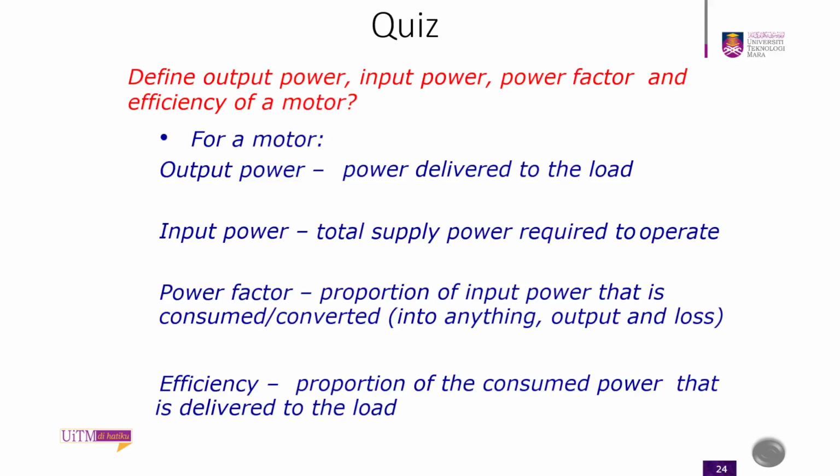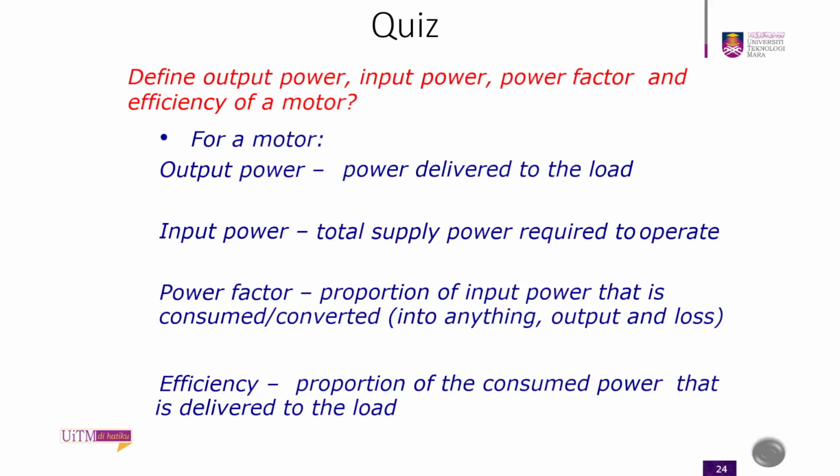Of course, in practice, you have some power loss from the input to the output, and that all will determine the efficiency of the machines. And we also have this power factor. It is actually a proportion of input power that is converted into anything output and loss. Okay, so this is a power factor.